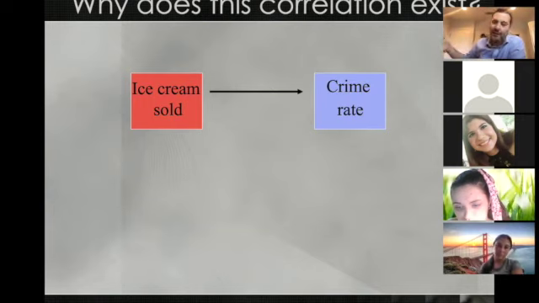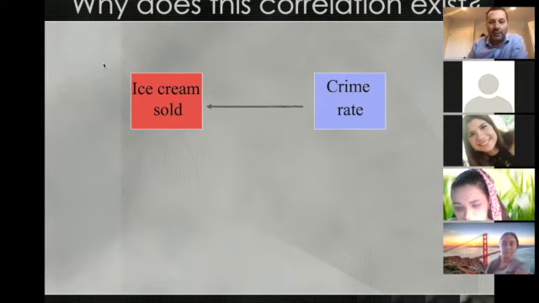If that were the case, obviously it's not the case, that would mean that ice cream is leading to increases in crime rate. It's causing the increase in crime rate, okay? That's theoretically possible, but it's not actually what's happening, right? No one really believes that's actually happening, so that's not really going to work as an explanation.